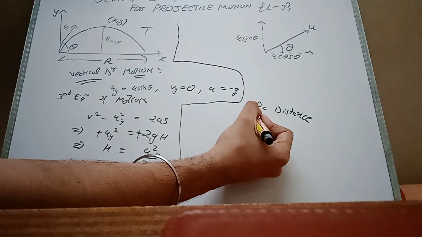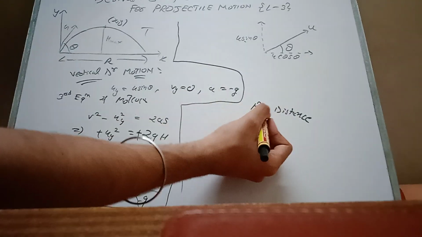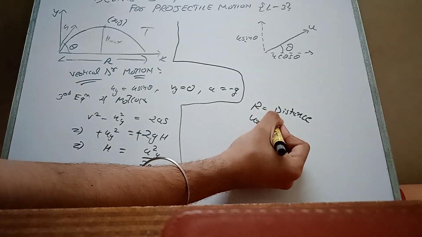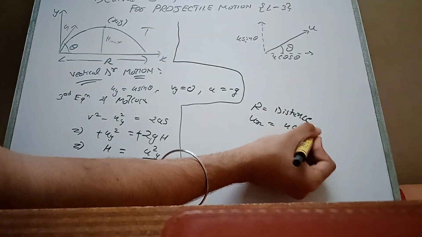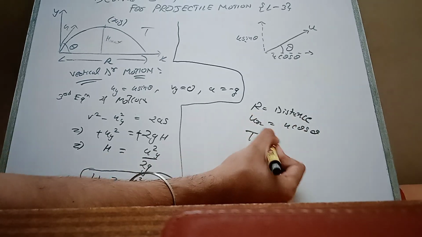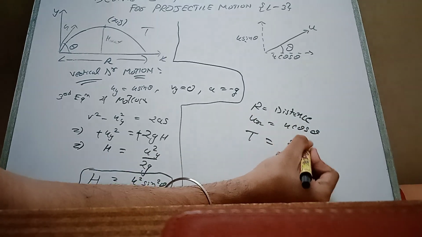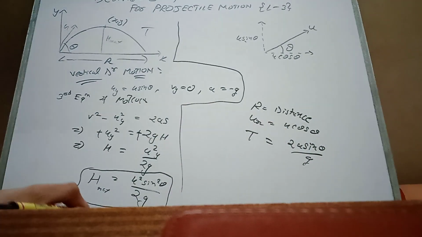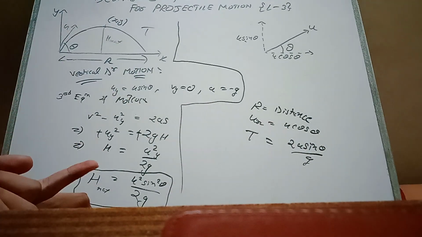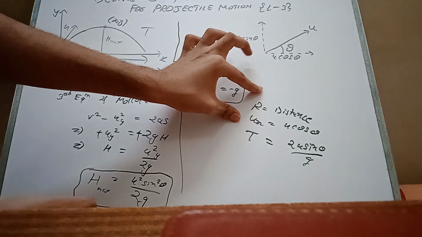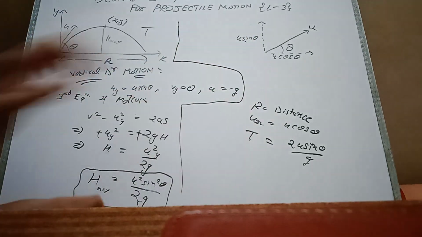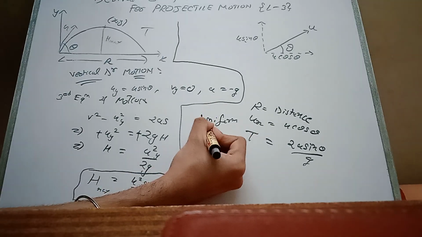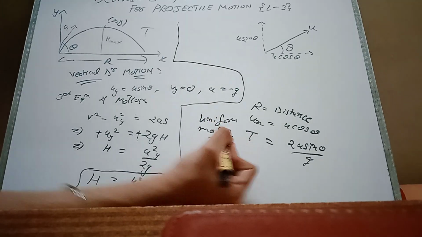So the velocity, that is the initial velocity in the horizontal direction, is ux, that is u cos theta, and time you have found out, time is 2u sin theta upon g. So what's the problem? You have to find R, you have velocity, you have time. This is uniform motion. Remember all the things.